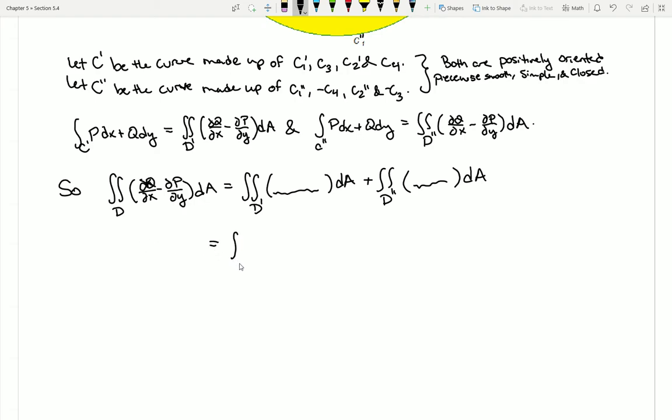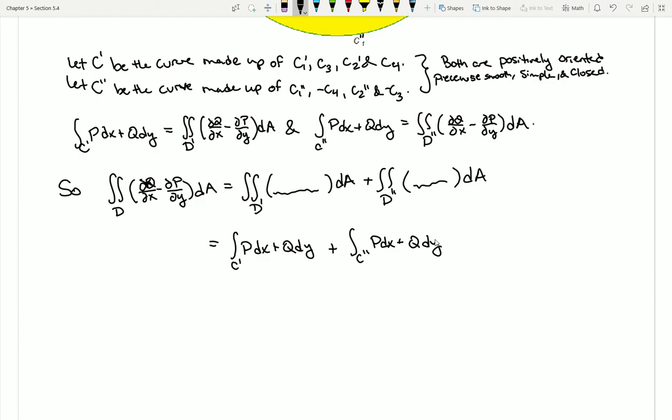So I know this is going to be the same as the integral over C prime of P dx plus Q dy, and that would be plus the integral over C double prime of P dx plus Q dy.